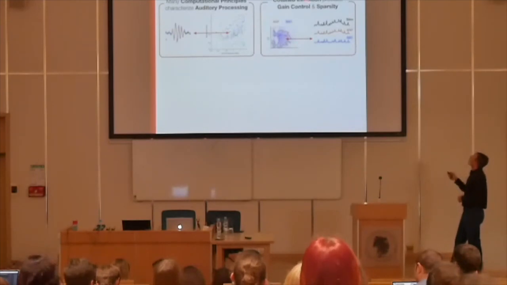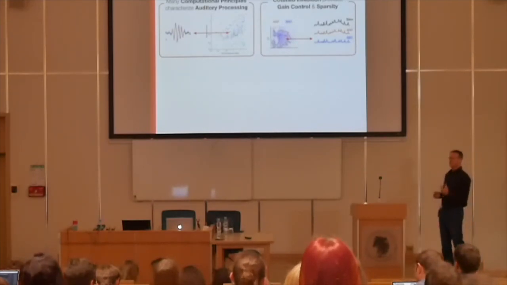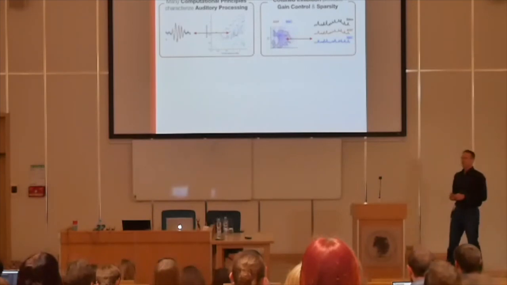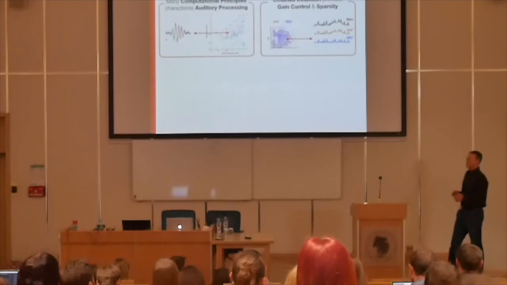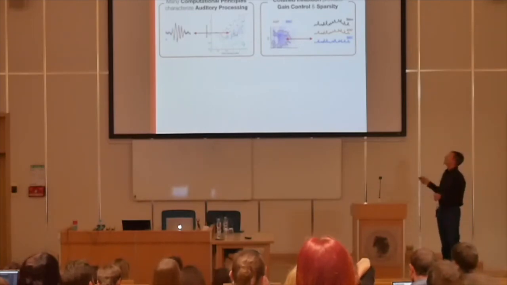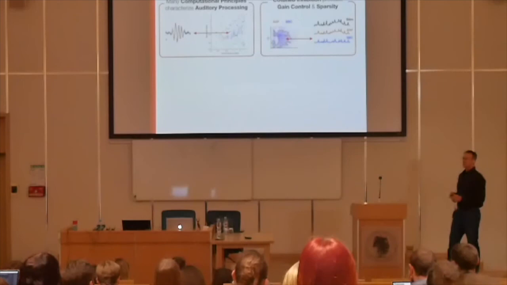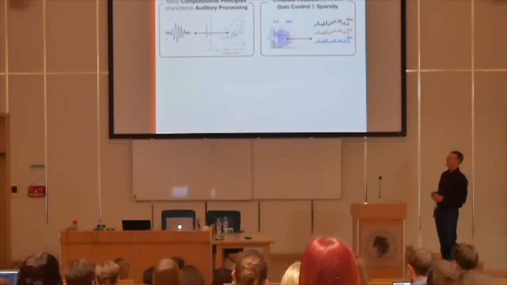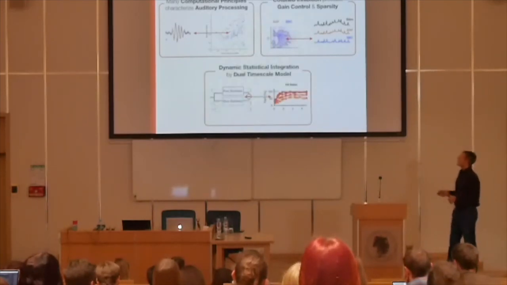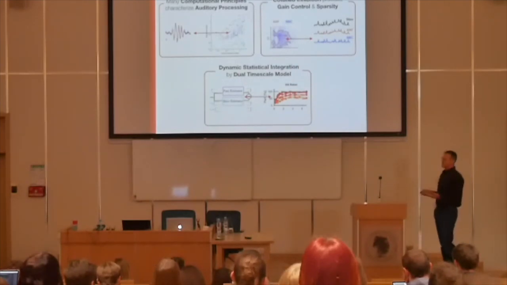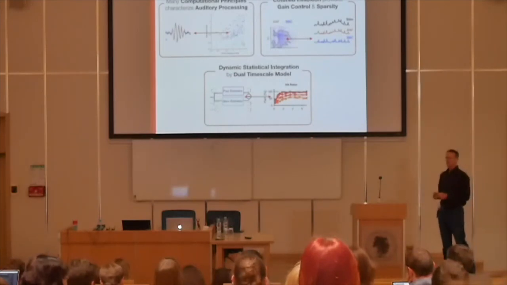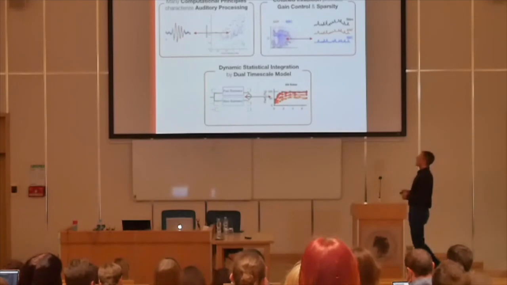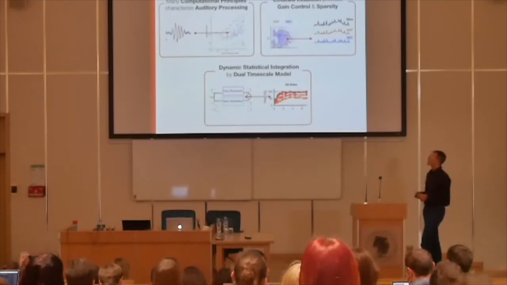Then next, that co-tuned inhibition is a mechanism in the auditory brainstem that allows you to provide gain control, and in this way enhance the sparsity, achieving this principle that was talked about by Wiki. And then finally, that the dynamic statistic integration model, the dual timescale model, is able to perform this dynamic statistical integration in a way that is very closely matched with the performance of human subjects.